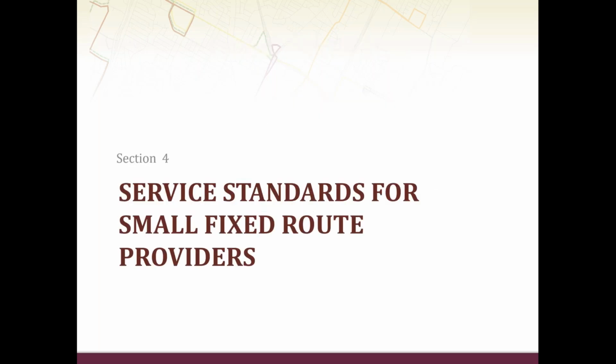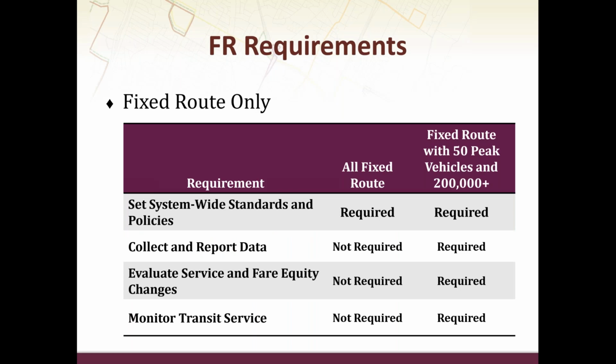So next, we're going to discuss some service standards for small fixed route providers. For agencies that are below the 200,000 UZA and 50 peak vehicles threshold, you're lucky in that you get out of a lot of things. You don't have to collect and report data.